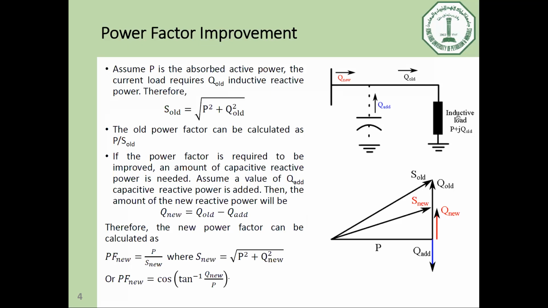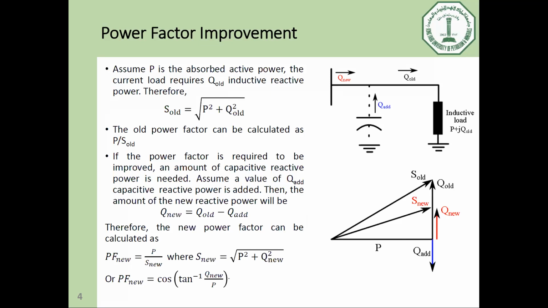If we need to improve the power factor, first let me describe the power triangle for the old case. This is the value of Q old, and this is the value of active power. Assume we have a certain load like an induction motor or any kind of AC motor.